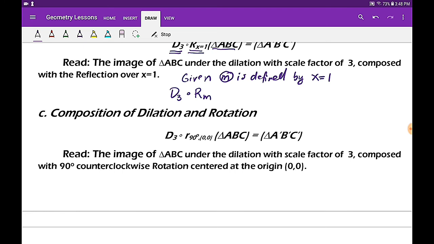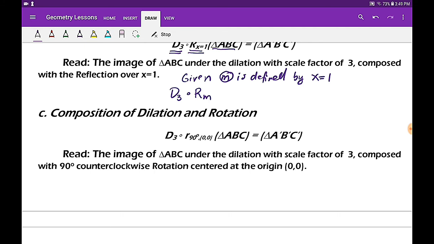It's the image of triangle ABC under the dilation with scale factor of 3 composed with a rotation, small letter r, because the capital letter R is for reflection, a rotation of 90 degrees counterclockwise with the center at (0, 0).